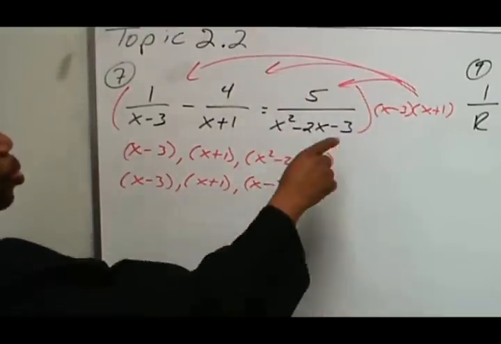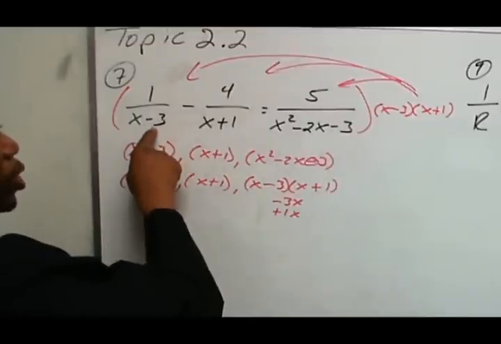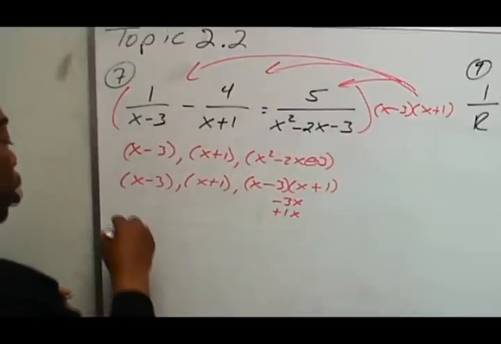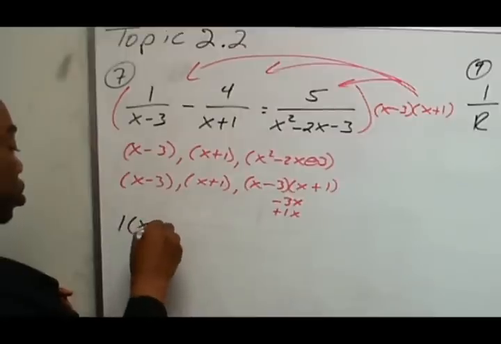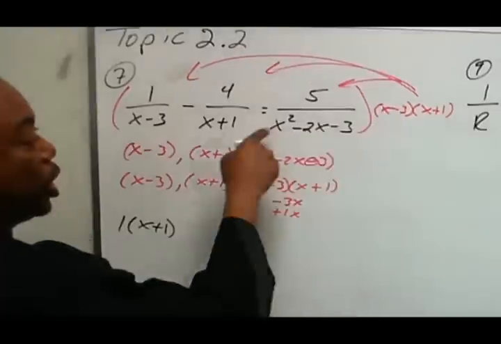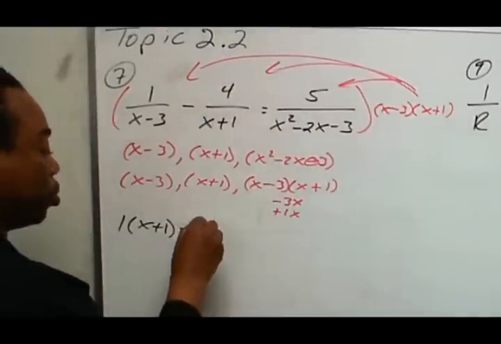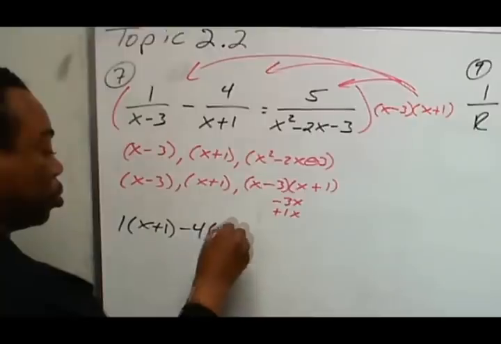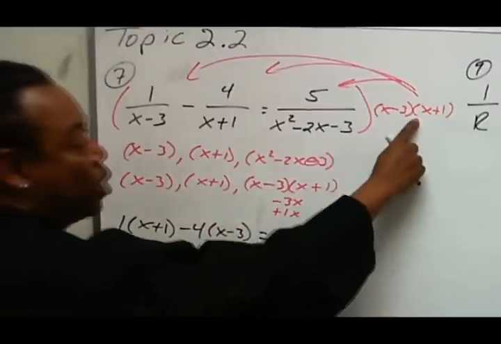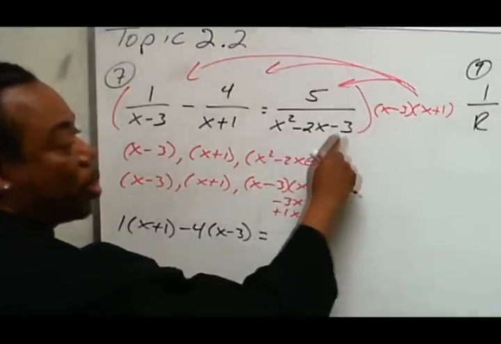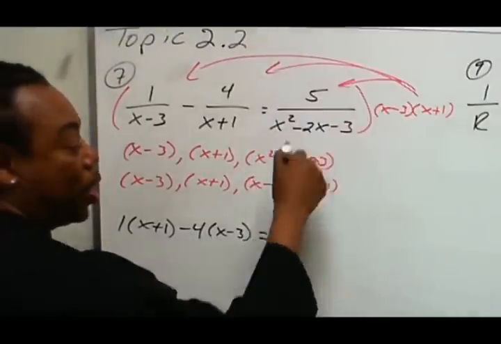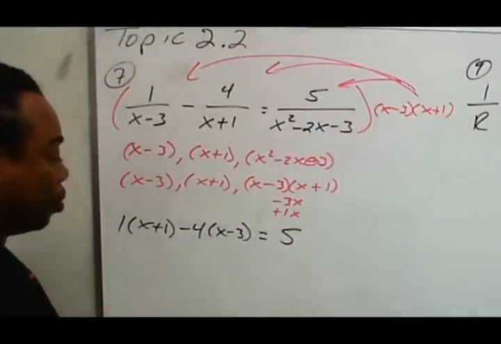The LCD divided by x minus 3 is x plus 1 times 1. The LCD divided by x plus 1 is x minus 3 times negative 4. The LCD divided by x squared minus 2x minus 3 is 1 times 5, which is 5.